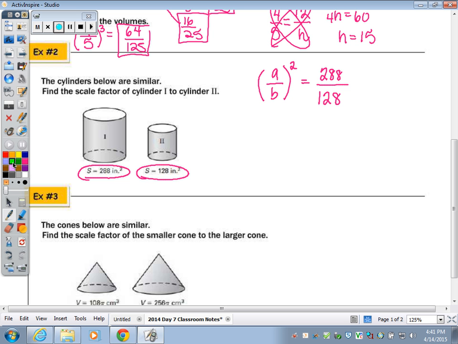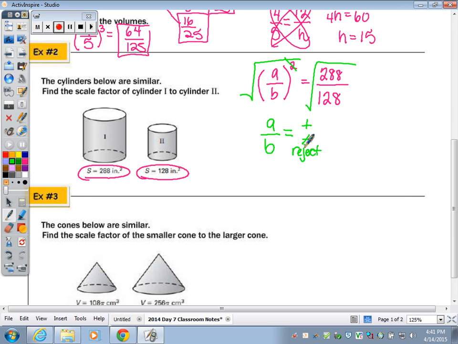In order to solve for A and B, I need to take the square root to undo the square. And A over B equals, again, don't forget the positive and negative, and we're going to reject the negative as our ratio is going to be positive.